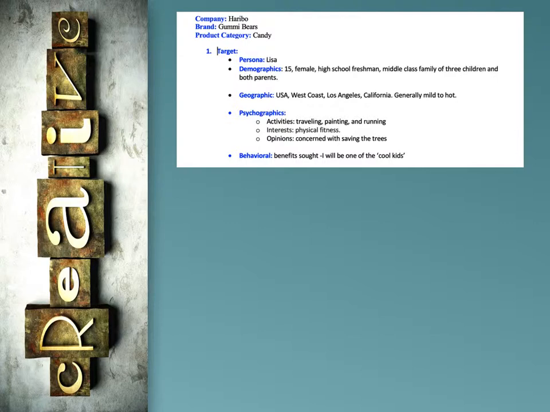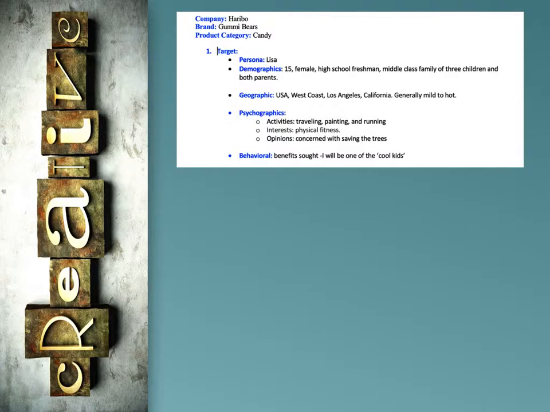So our persona is Lisa. Her demographics: she's 15 years old, she's a female, she's a high school freshman. She comes from a middle class family of 3 children with both parents. She is located in the U.S. on the West Coast, in Los Angeles in particular, where there's generally mild to hot weather.